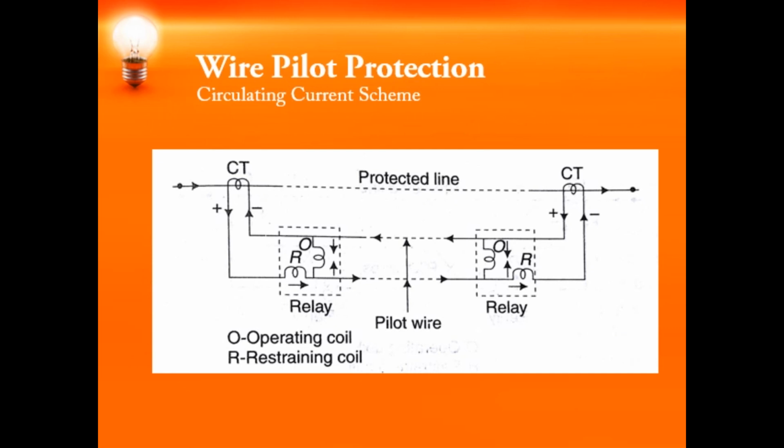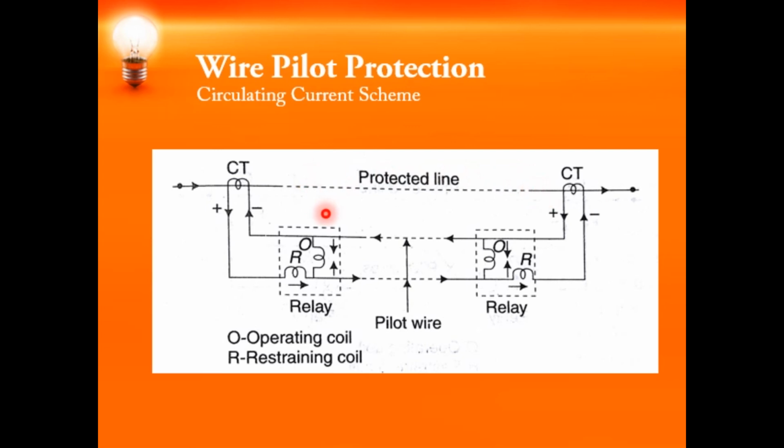Coming to wire pilot protection, this wire pilot relaying scheme usually uses two wires. You can observe there are two wires used to carry the information signals from one end of the transmission line to the other end. This scheme is unit protection, as I have already told you, and it works on the principle of differential protection.